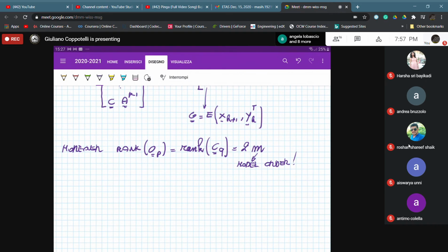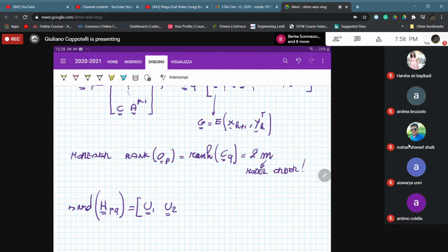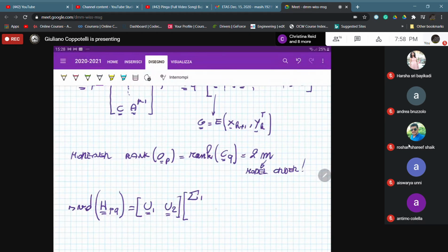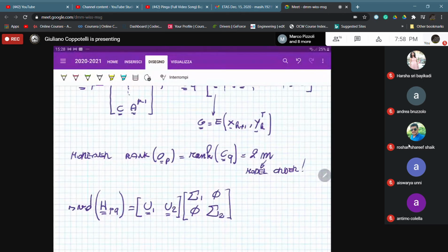So the singular value decomposition applied to the Hankel matrix of order PQ could be rewritten as your U1 left singular vectors, U2, times the singular values sigma 1, sigma 2, 0, 0, times your right singular vectors V1 transpose and then V2 transpose.